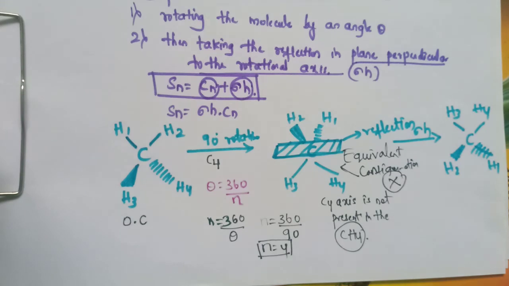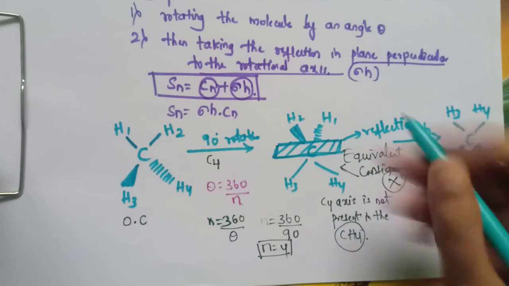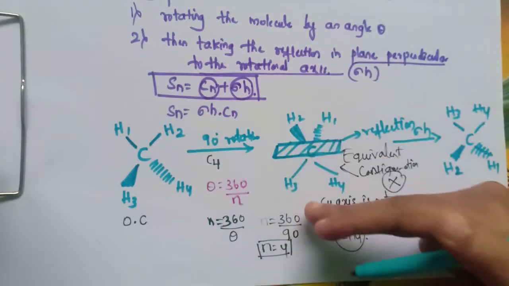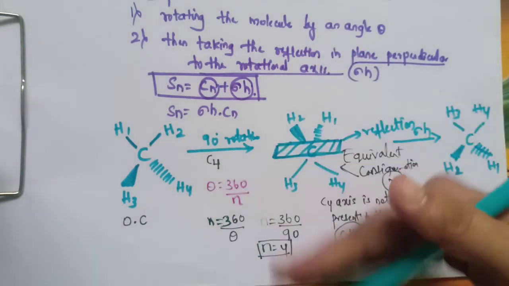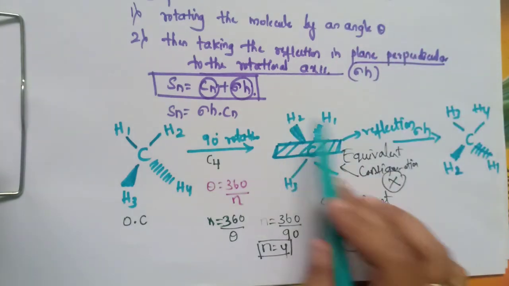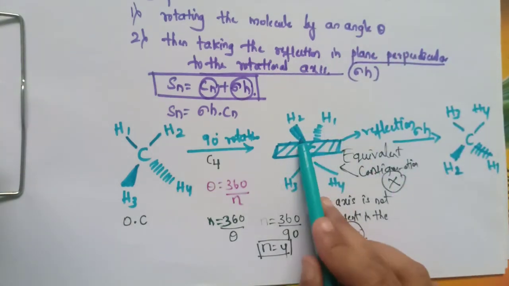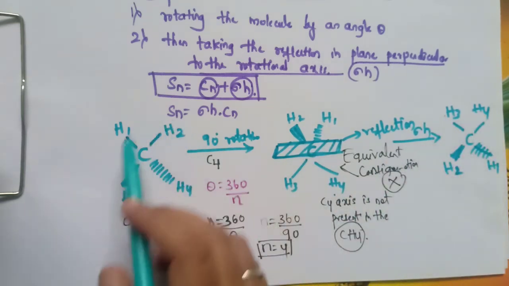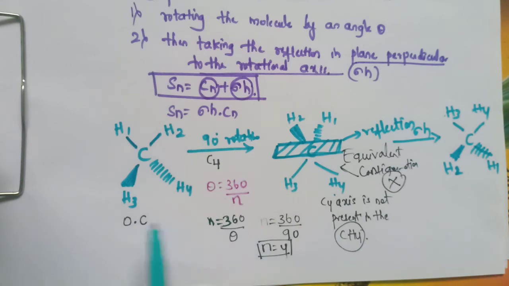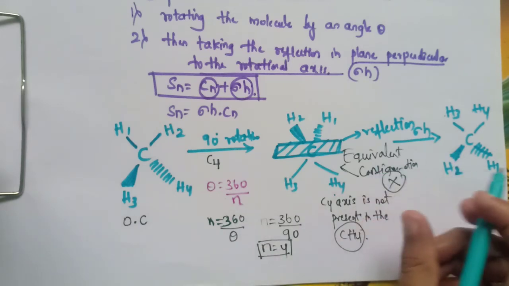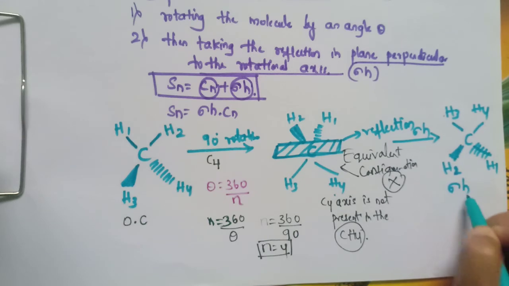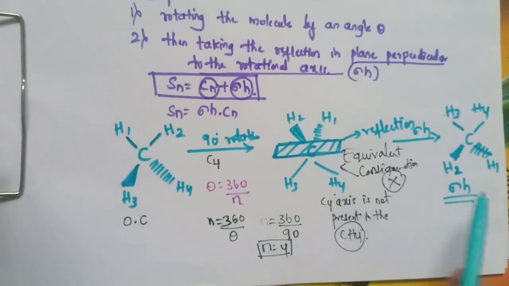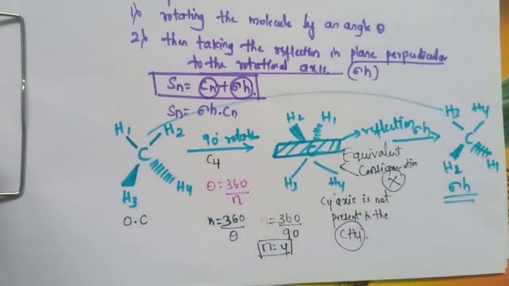After the reflection, this H2 will be seen here and this H1 will be seen here. Opposite, and those on the bottom side will be seen on the upper side. See here H2, here H1, and this H3 and this H4. You can observe that it is the sigma h operation. Compare these two, the original configuration and these two.